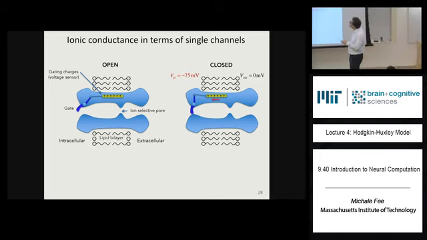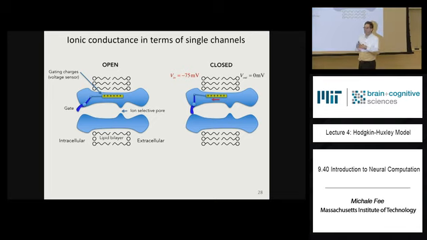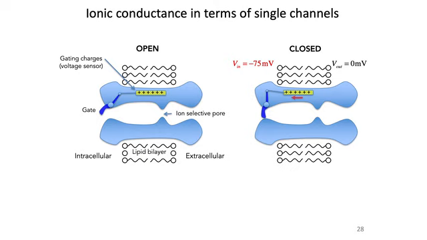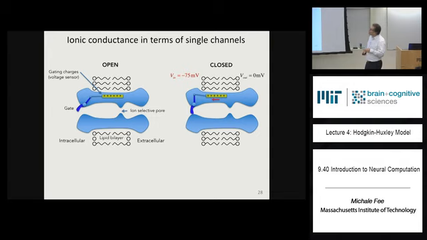Okay, so look. The voltage sensor, how do you sense voltage? You sense voltage differences with a charge, because voltage gradients are electric fields, and electric fields push on charges. So if we want to detect the voltage difference across this membrane, we put a charge in the membrane. When the voltage difference is 0, there's little force on those charges.